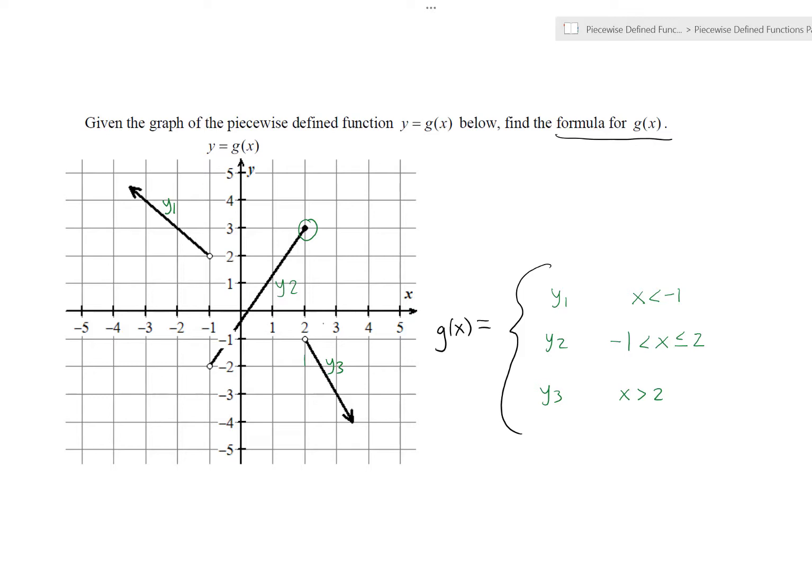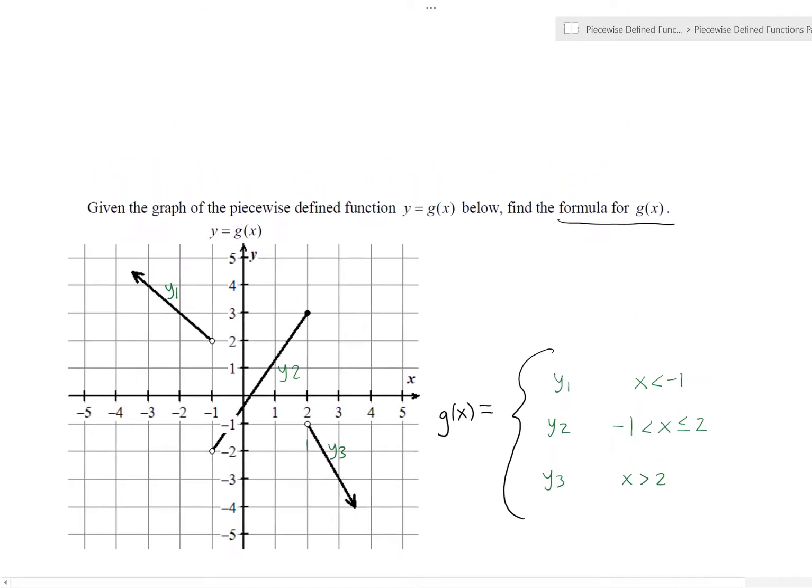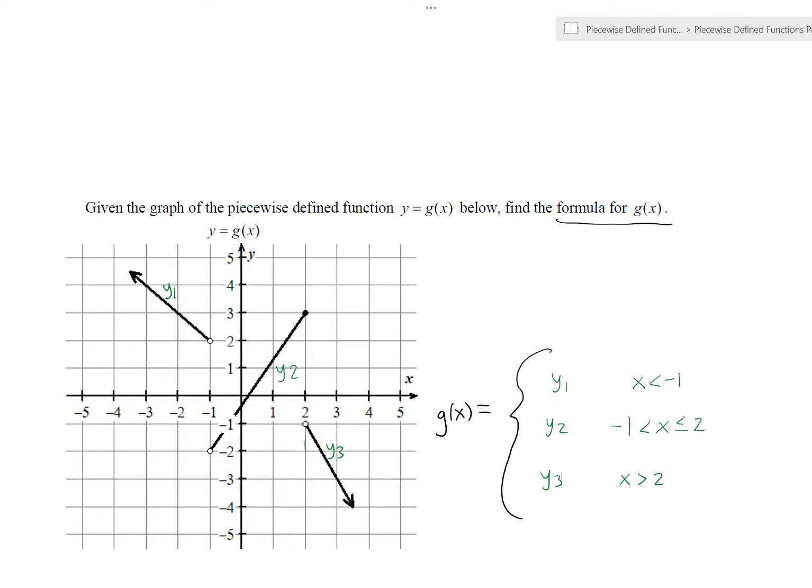They're all linear pieces, so we can use what we know about lines to find the equation of each piece. For instance, y1 is going to look like mx plus b, m being the slope and b being the y-coordinate of the y-intercept. The slope here, if we go down 1 over 1, is -1.